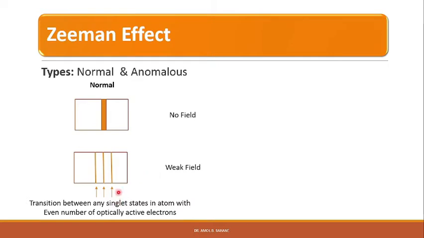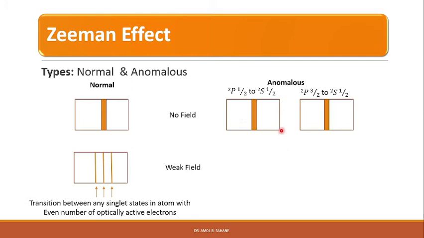This normal Zeeman effect occurs for transitions between singlet states in atoms with an even number of optically active electrons. In the case of the sodium atom, we have a doublet spectral line corresponding to two transitions, that means doublet P 1/2 to doublet S 1/2, that will give rise to one line, and doublet P 3/2 to doublet S 1/2, that gives rise to another line, right?